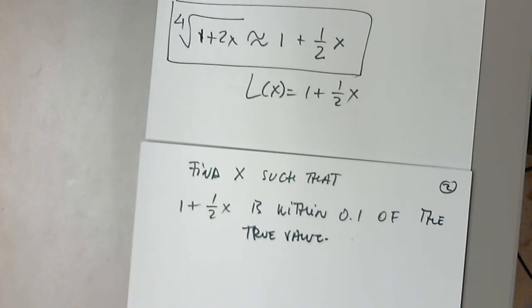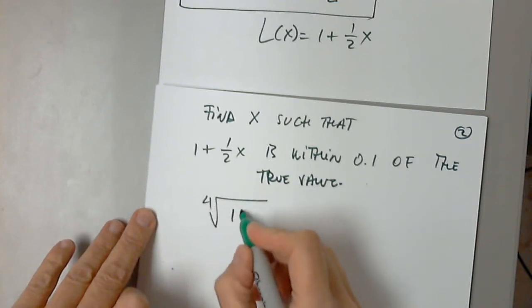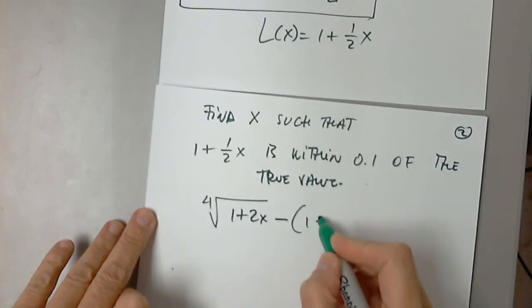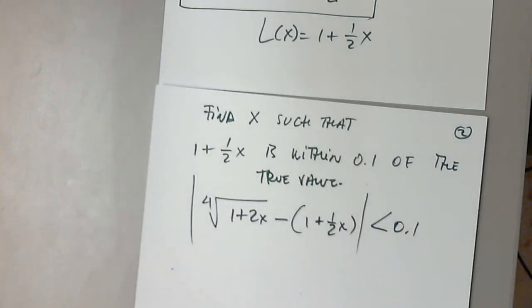In other words, how far can I pick x from 0 so that the distance, the absolute value, between the function minus the approximation in absolute value is less than 0.1? So the actual value minus the approximation is less than 0.1.